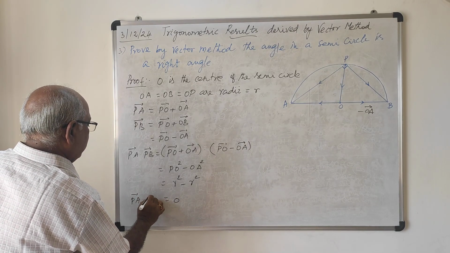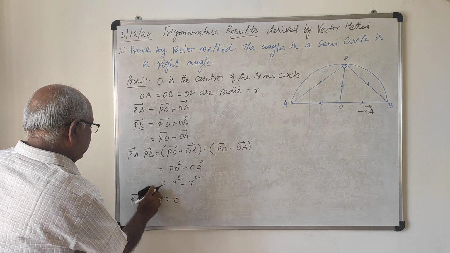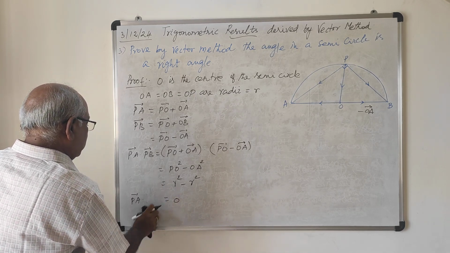So PA dot PB equals 0 implies they are perpendicular. If the dot product of two vectors is 0, then they are perpendicular.